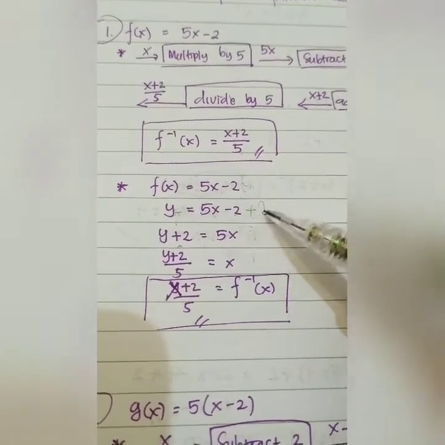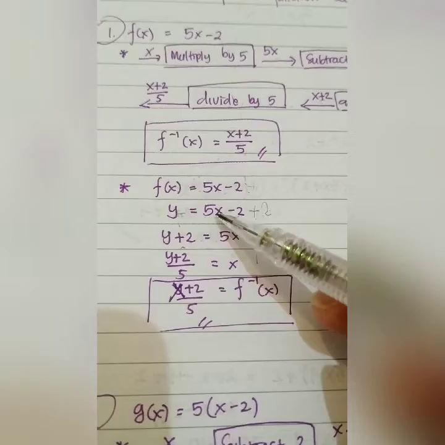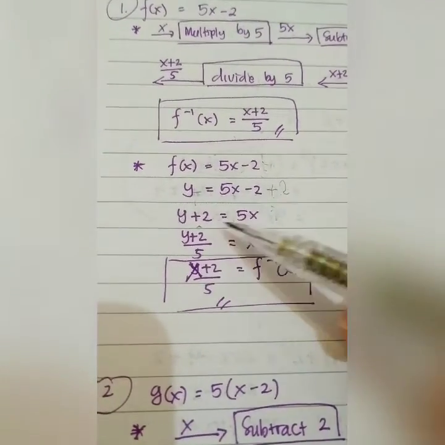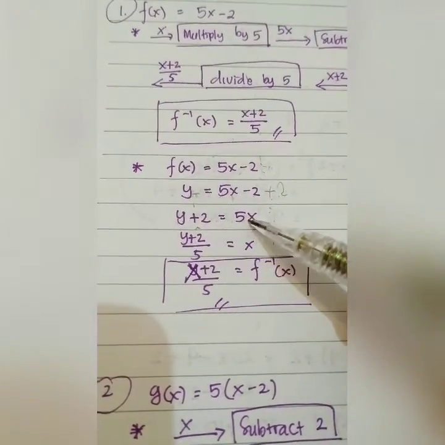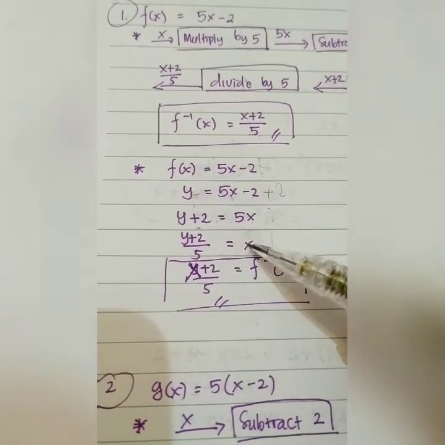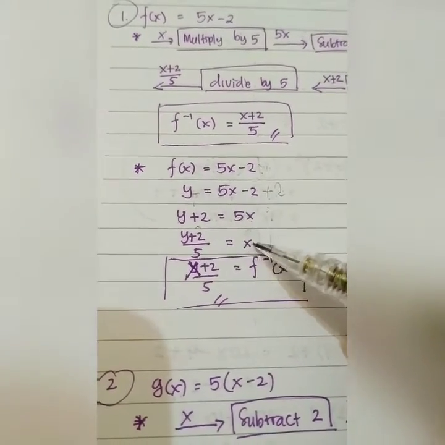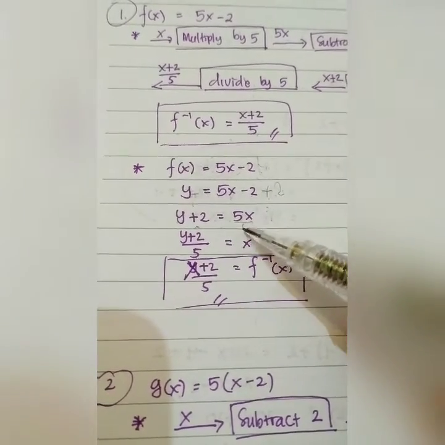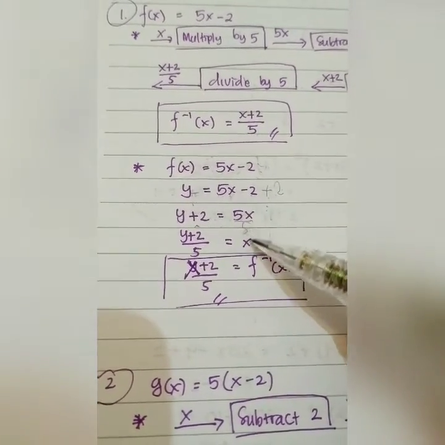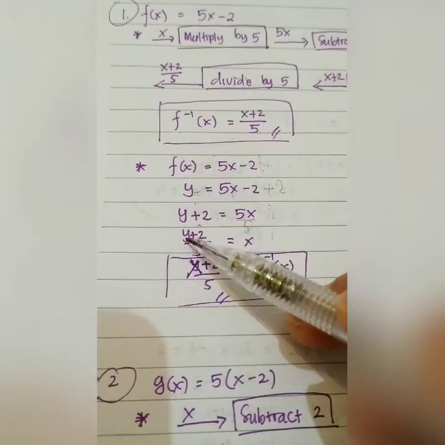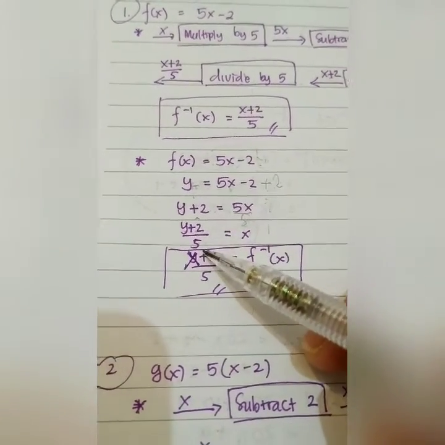Minus 2 plus 2 is 0, so only 5x is left. We want only x here, so we divide by 5, which becomes 1, so only x is left, but on this side it is also divided by 5, so y plus 2 divided by 5.